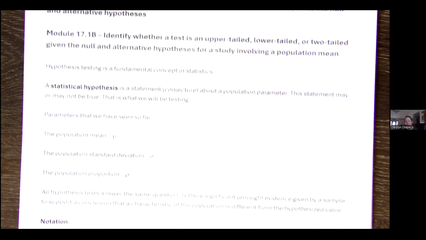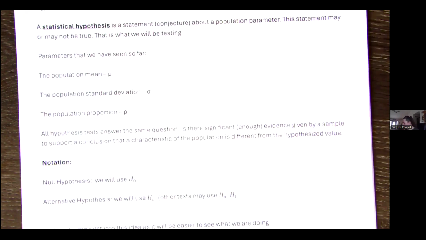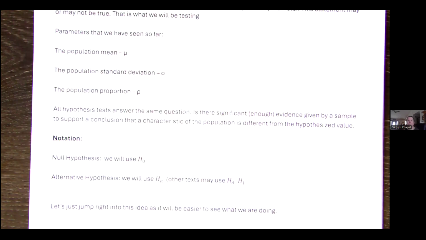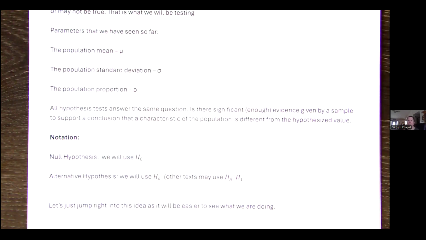So all hypotheses tests are going to be the same. We're going to be trying to find out if there is significant or enough evidence given by our sample. So what they'll do is make a guess, thinking, okay, this drug is going to be better than the old drug because headaches will be cured faster. So they're going to think that the time a person has a headache will decrease once they've taken this drug, so it'll be gone faster.